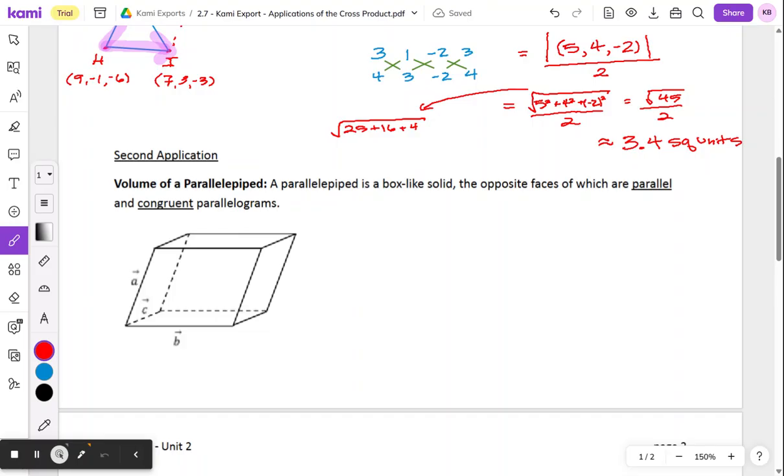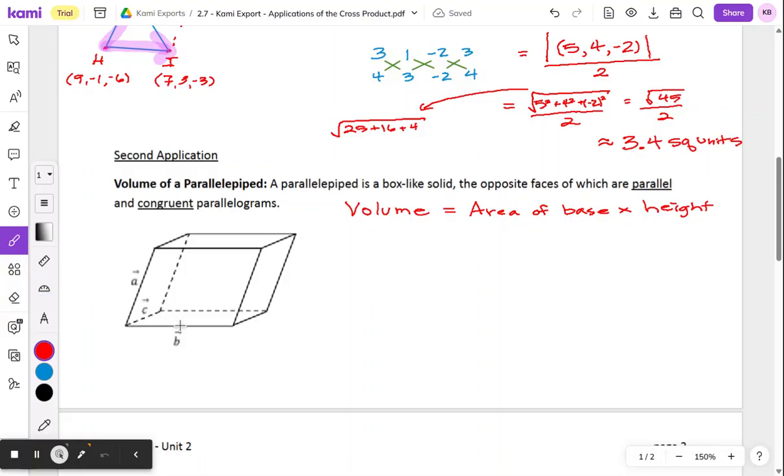Okay, so whenever I am dealing with the volume, the general formula for the volume of a three-dimensional shape is to find the area of the base of the three-dimensional shape, and then you multiply that by the height. Okay, so let's just take a look over here at what we have.